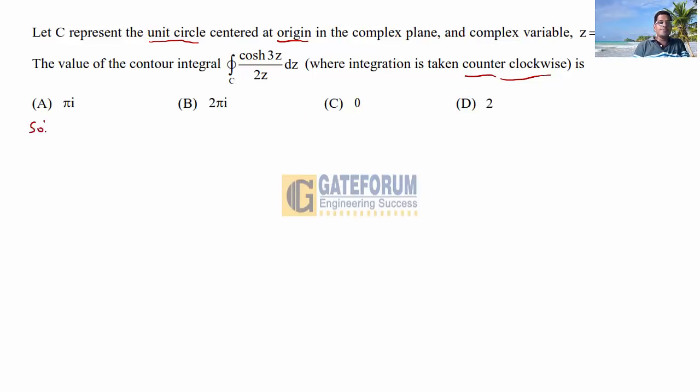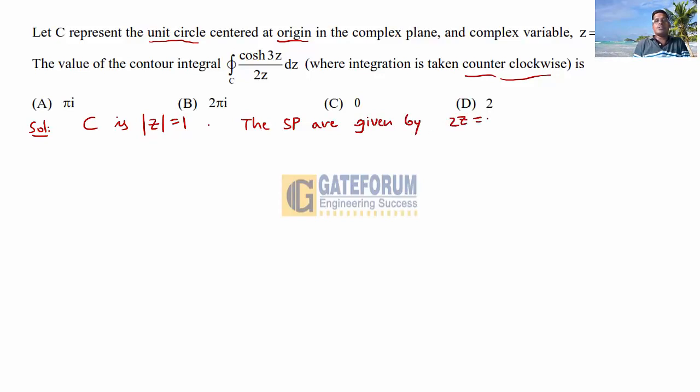Solution. The equation of C is mod z equals 1. That is, the circle equation in the complex plane is mod z minus a equals r. Here r is the radius, a is the center. Here the center is the origin. Now find the singular points of this integrand, cosh 3z by 2z. The SP, short form of singular points, are given by equating the denominator to 0.